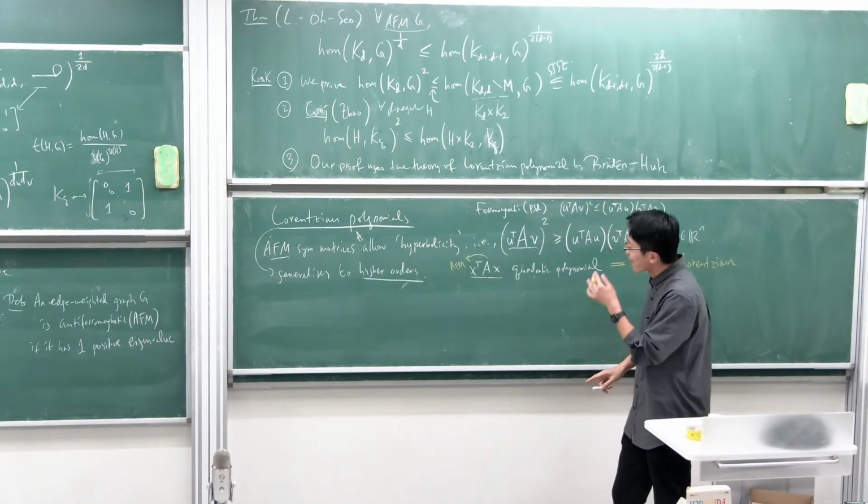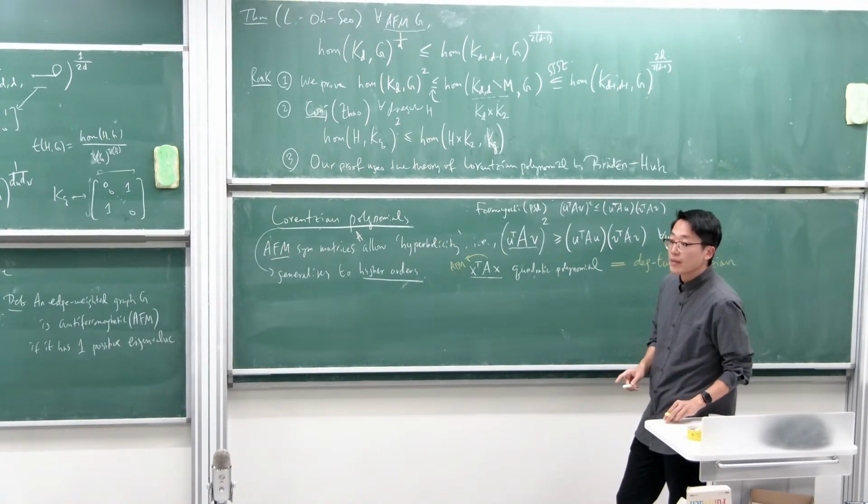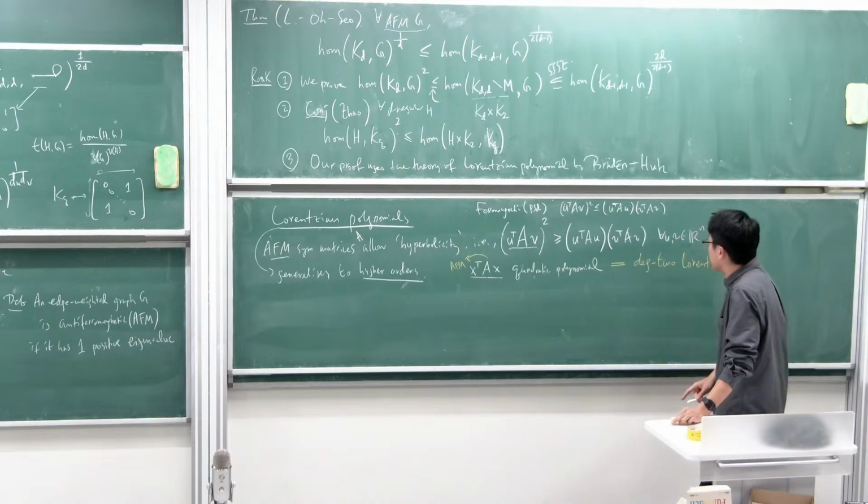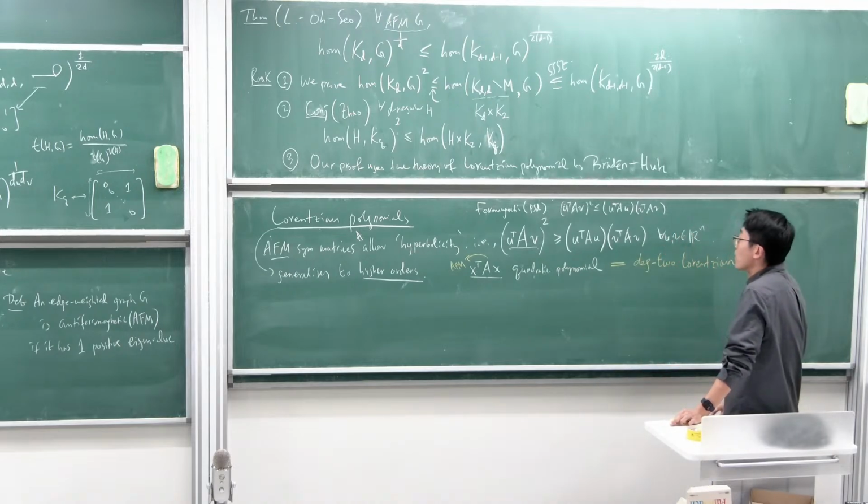Anyway, are you sure that that is for all U and V, or just for some U and V? This is for all. If A is the identity, then this corresponds to the usual intuition, right?